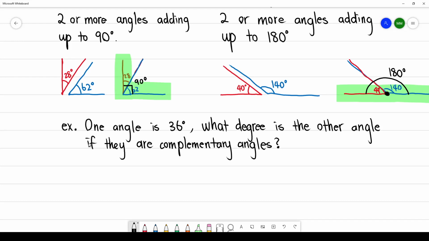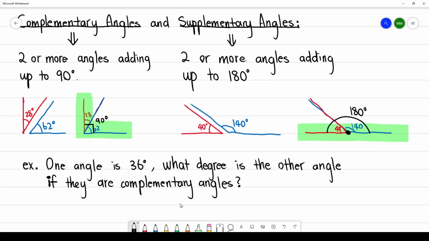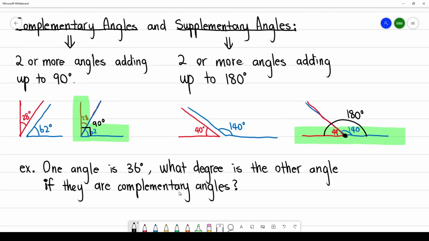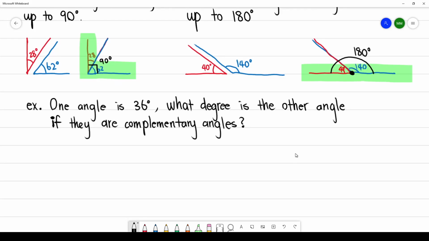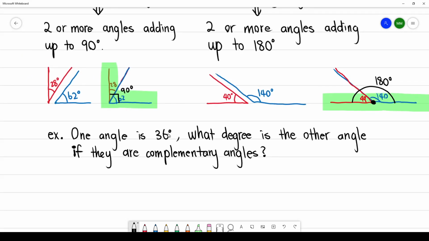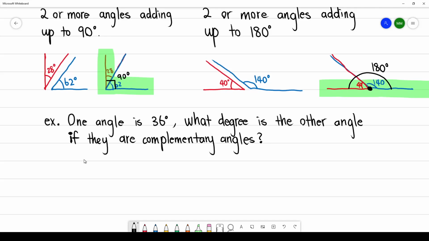So when you figure it out, type it into the chat. Yes, 54. Good job. So you can just kind of take it like 90 minus 36 is 54.